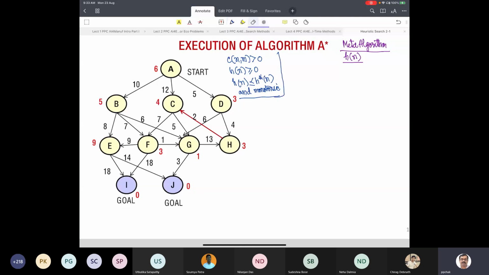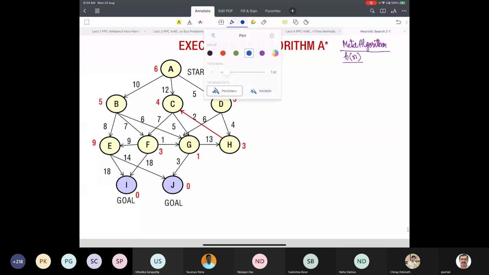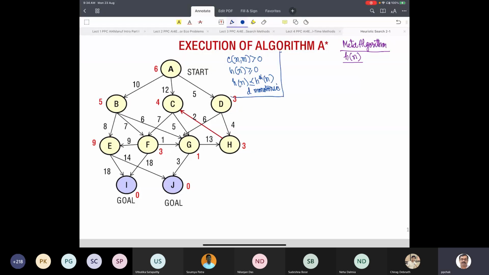What statement can I make about the cost of nodes expanded in step 2, cost of nodes not expanded, cost of nodes selected in step 2?